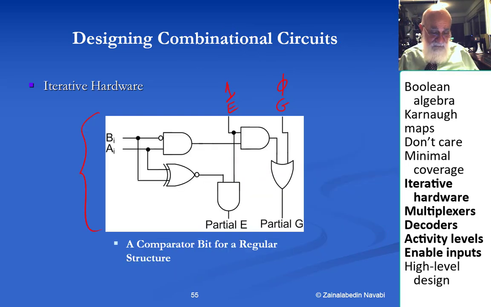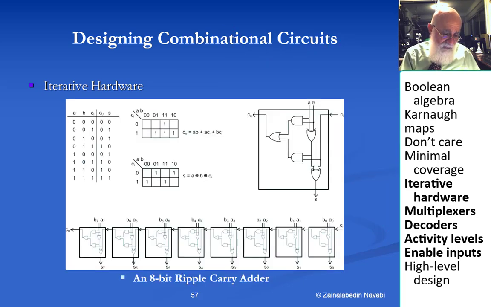Okay, so let's build this. This is the truth table there. Okay. 0, 0, 0 gives me 0, 0, 0, 0, 1 gives me 0, 1, and so on.